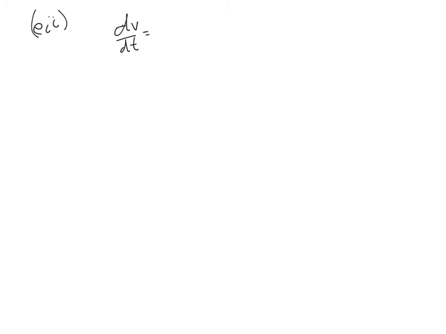So we left off here, negative k over m v. Alright, so this is what I mean by being able to set up the problem. Your first step when trying to solve a problem is to get like terms to one side. So that means you want to get the v with the dv, and then you want to put everything else on the other side with t.